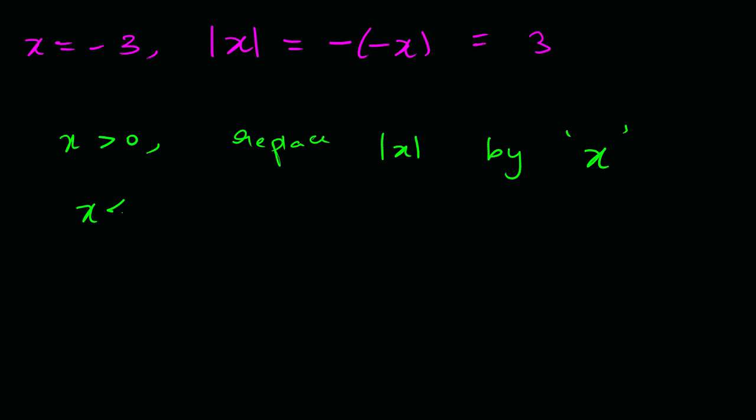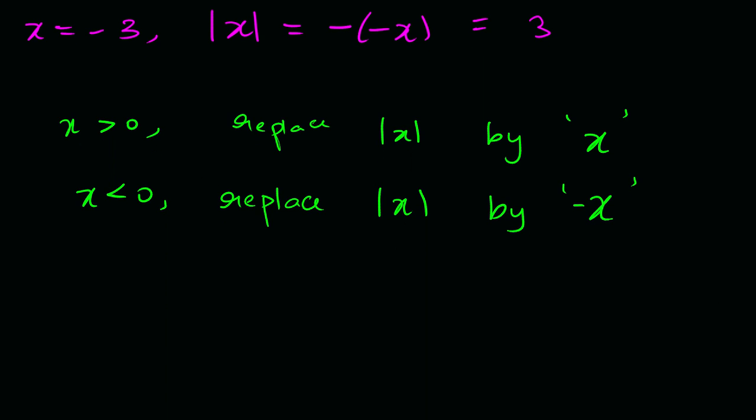And if x is less than 0, that is if x is negative, replace mod x by minus x, and then whatever you need to do, if you need to plot the equation or solve it, you can do it. Just remember, you need to have two clearly defined intervals in which x is positive and in which x is negative, and in the positive interval mod x should be replaced by x, and in the negative interval mod x should be replaced by minus x, and the reason has been given above.